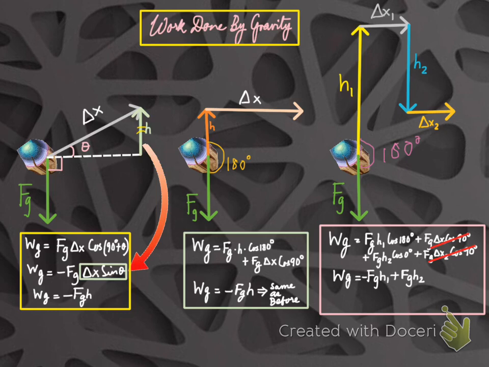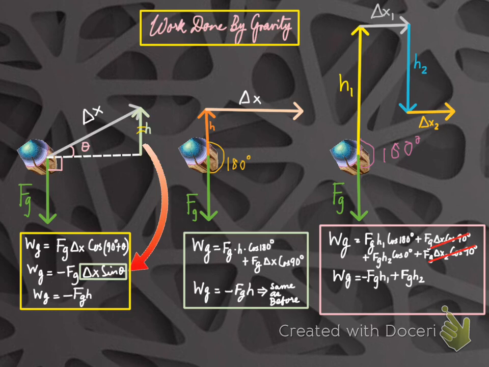So we're left with the work done by the force of gravity during the two vertical displacements. So gravity does negative work as the block is pulled up through a displacement h1 vertically, and then the force of gravity does positive work when the block is pulled down vertically h2.